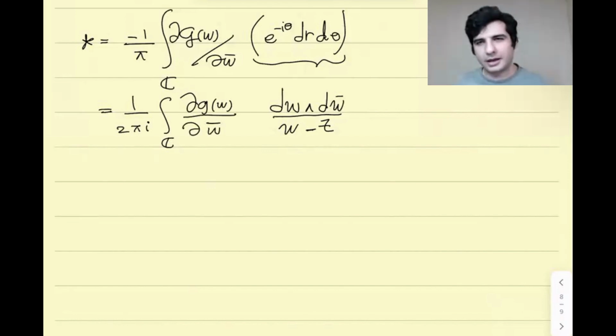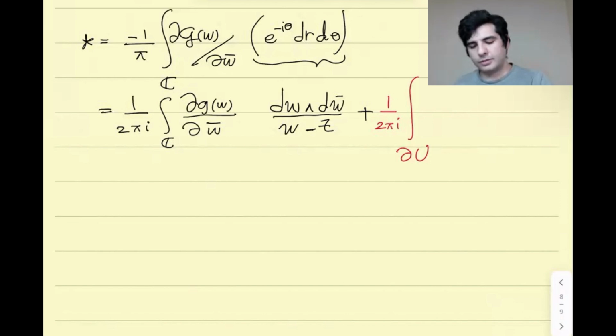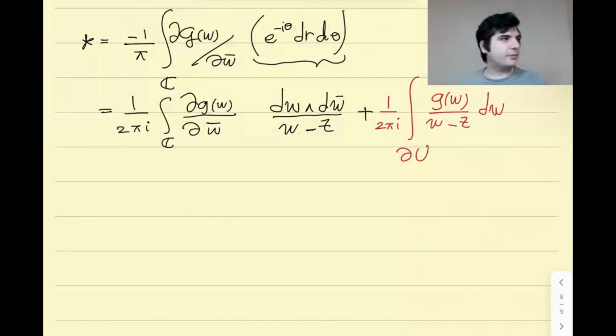So this is almost like Cauchy's integral formula if you look carefully. However, Cauchy's integral formula had another term. Cauchy's integral formula was like, if you have this plus 1 over 2 pi I integral on the boundary of U of g of w divided by w minus z dw, then the whole thing would be equal to g of z, also if instead of C we had U. But the point is that this is fine.